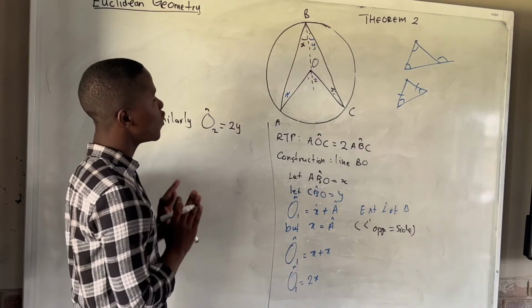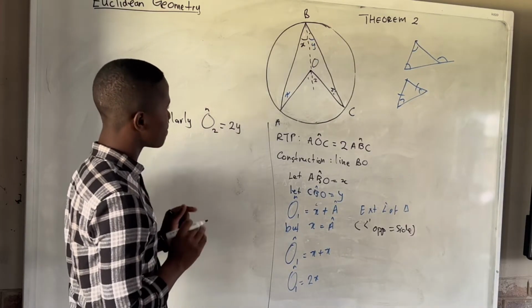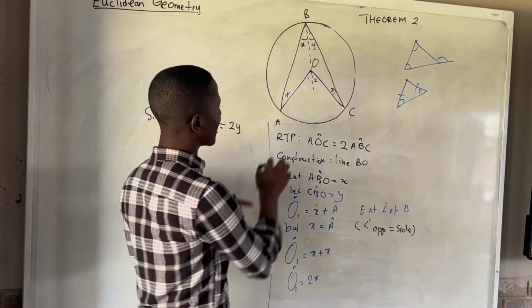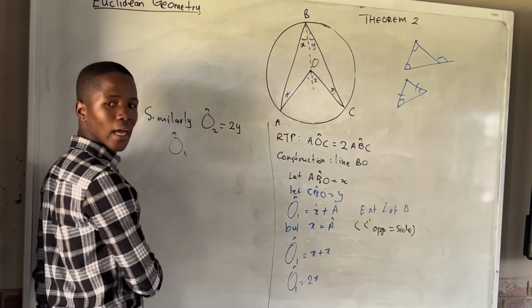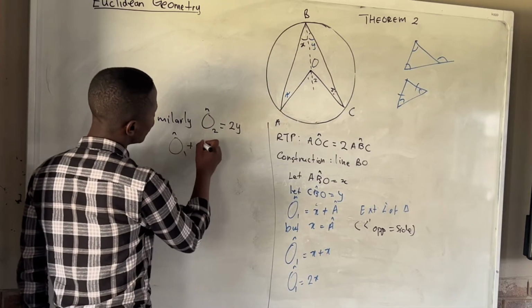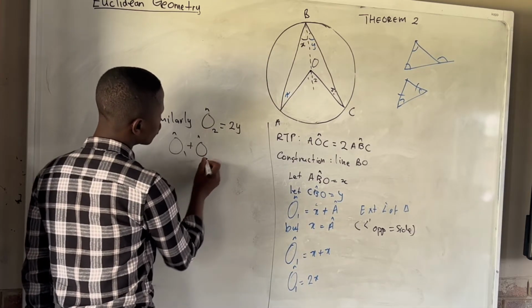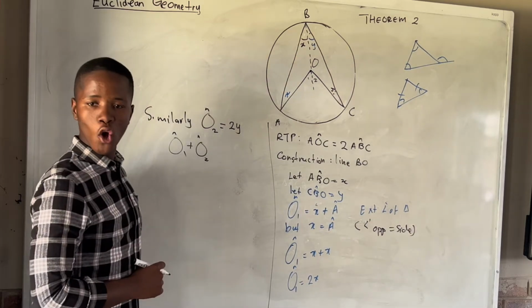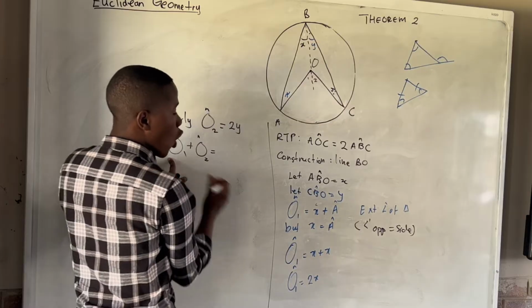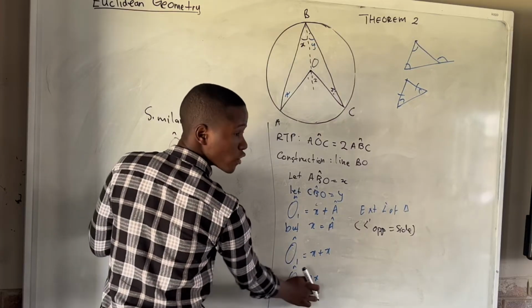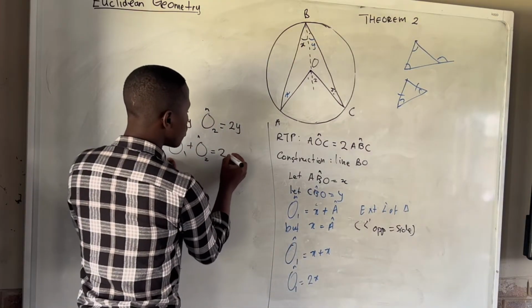Now, let's say you want to add your angle O1 plus your angle O2. Remember we said your angle O1 was equal to 2x. So this is 2x.